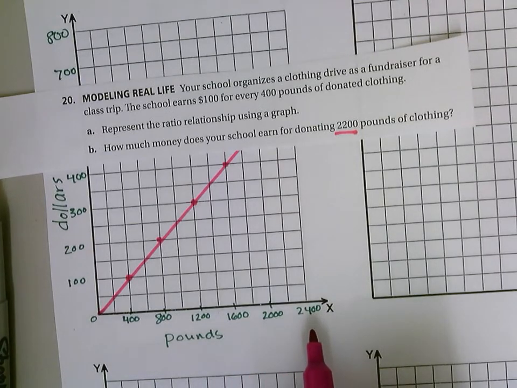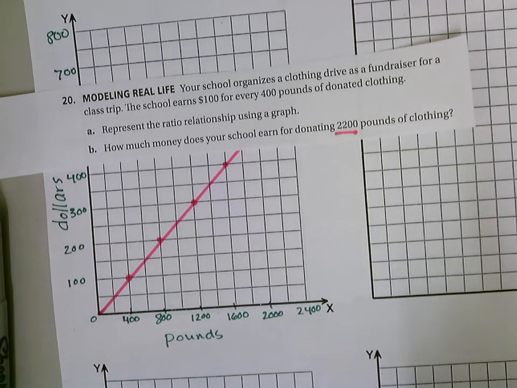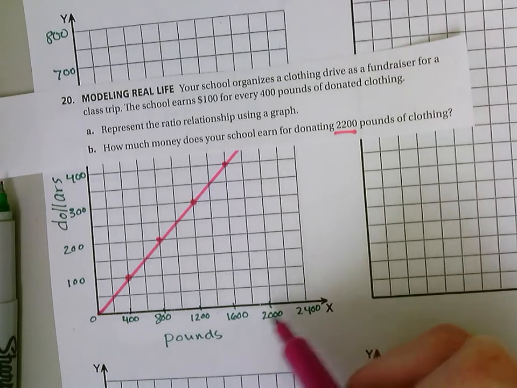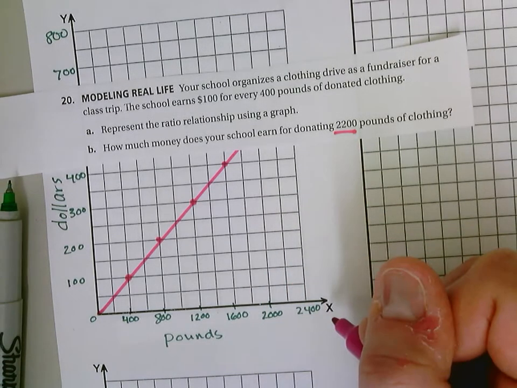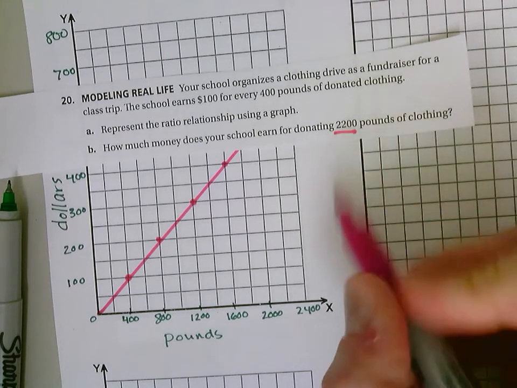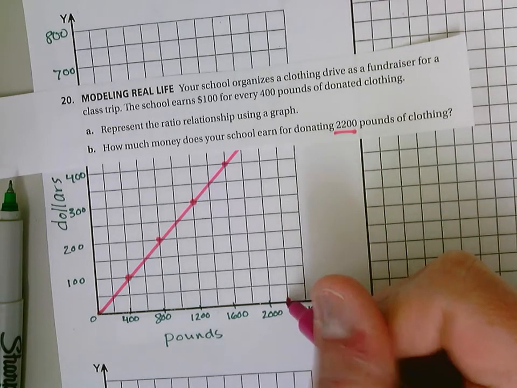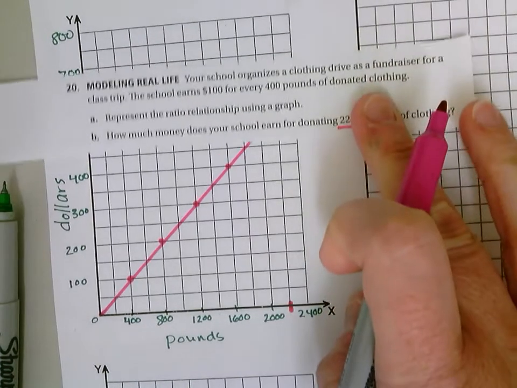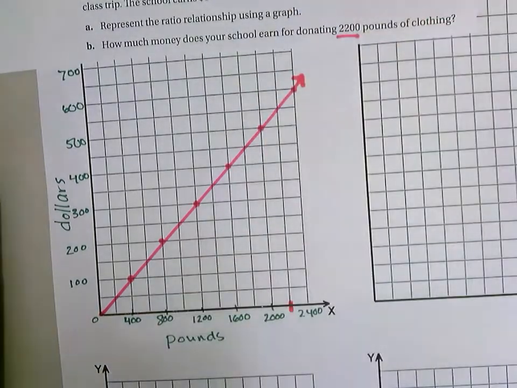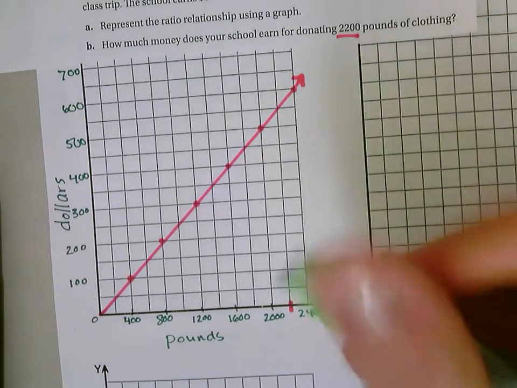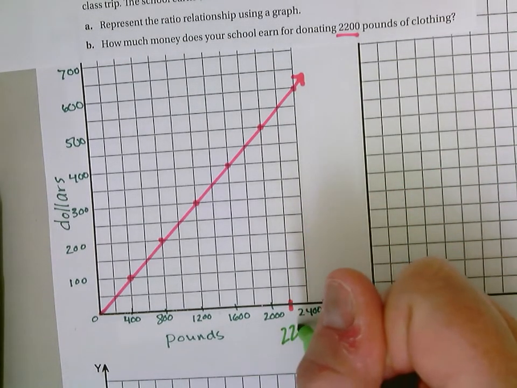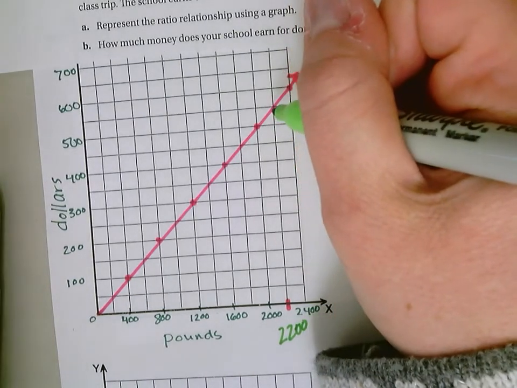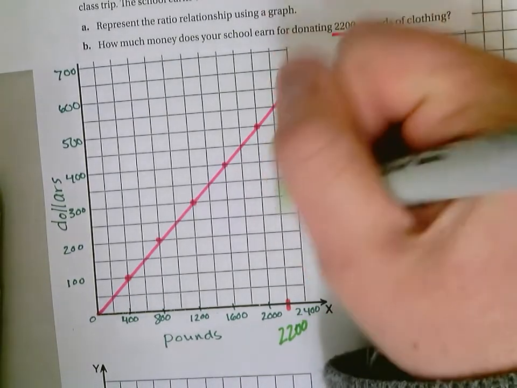Well, 2,200 is not in my scale here, but it is on my number line, because 2,200 is right between 2,000 and 2,400. 200 is half of 400, so that would be right here. To see how much that would be, I'm going to draw a line straight up from where 2,200 would be to where it crosses my line.